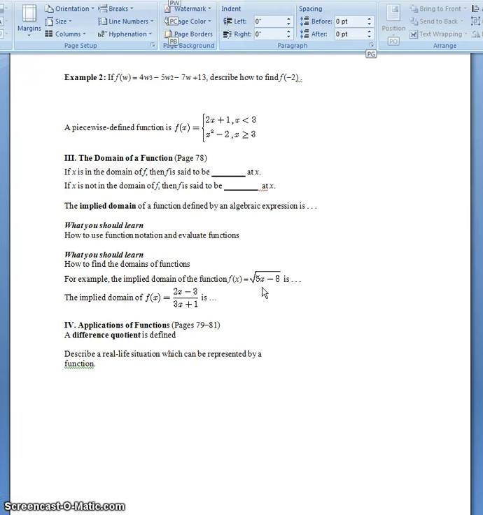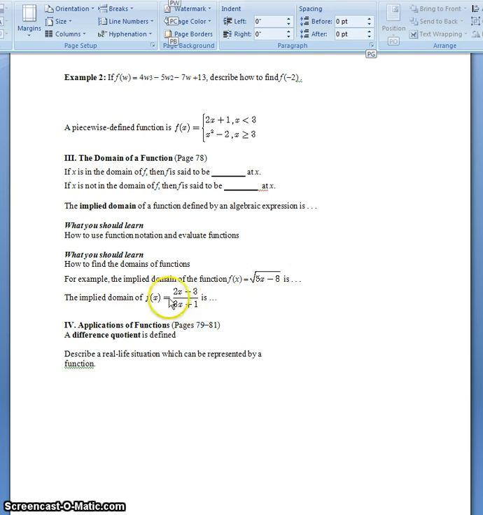And if you solve that for x, you'll find that x must be greater than or equal to 8/5. So the domain is x greater than or equal to 8/5. The concept to remember here is the radicand must be greater than or equal to 0.